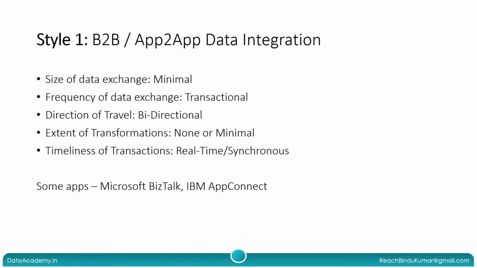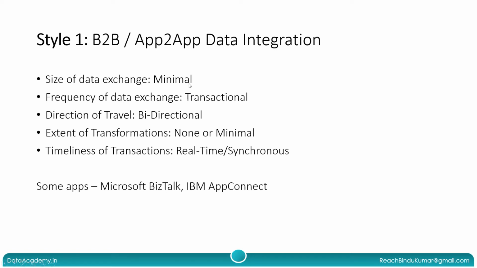Now let's understand the characteristics of such data integration. This is very important, right? As an example, I think it's very easy for all of you to understand, but it's very important to understand the characteristics. The first characteristic is the size of data exchange, or the volume of data that is shared between these different businesses at every transaction.